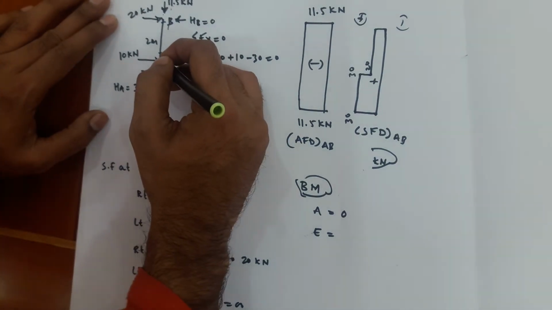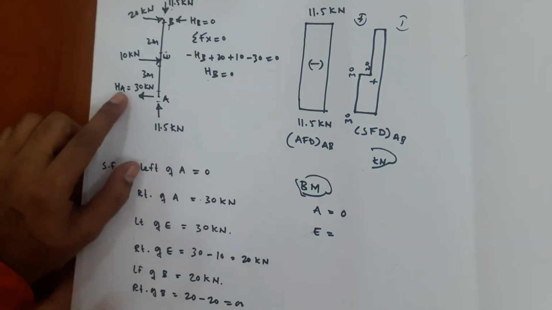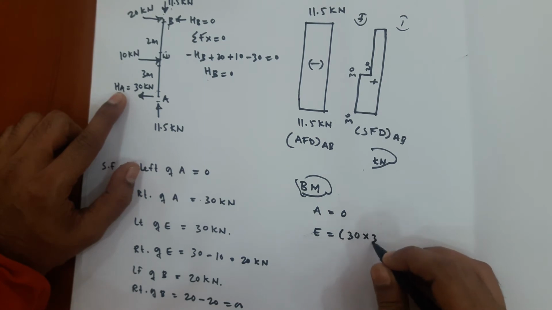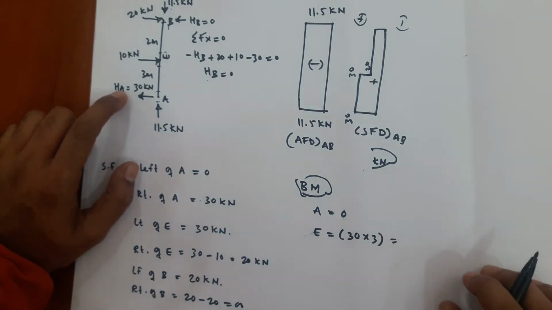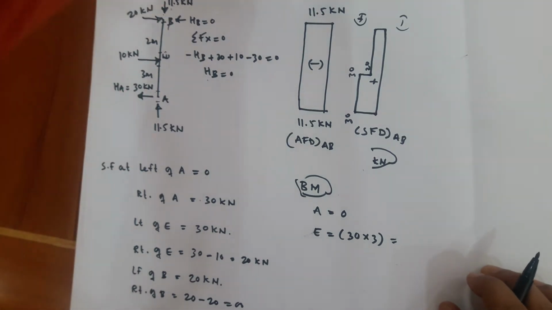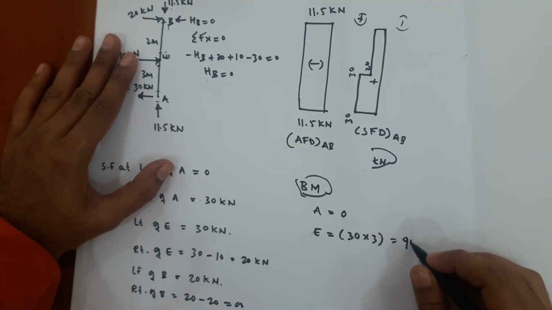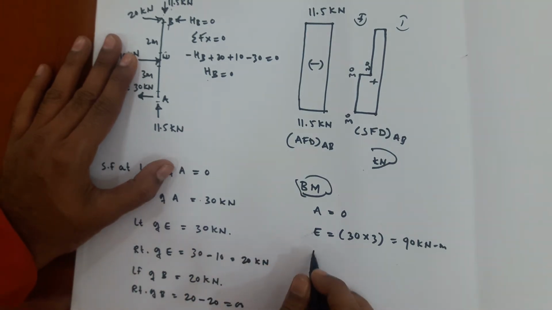Make this point fixed and apply the force like this, and it will create clockwise moment. So 30 into 3, and there is no other force. So your bending moment is 90 kilonewton meter.